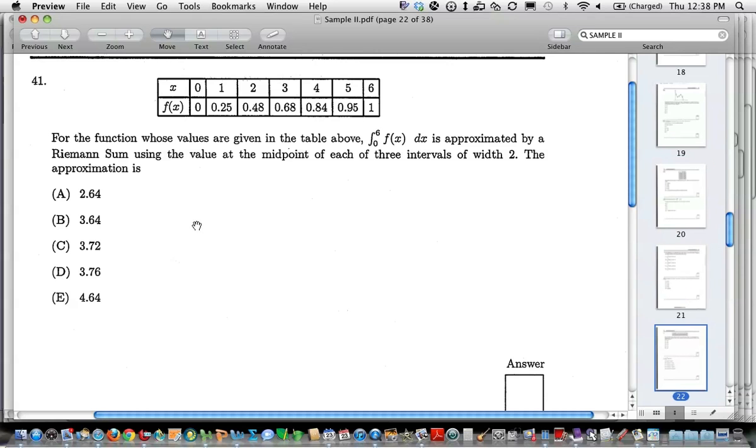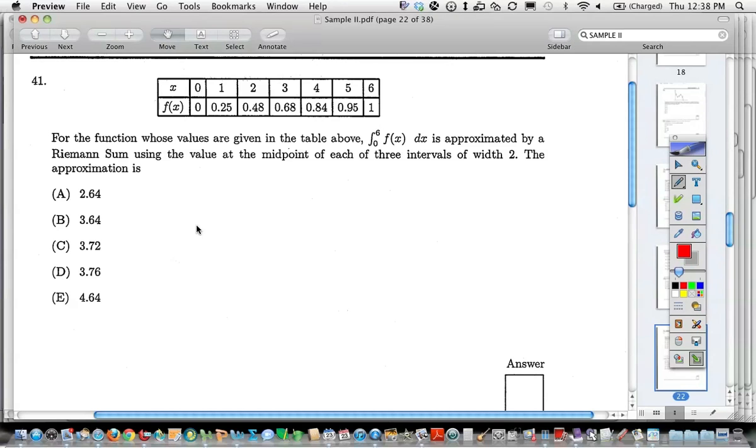go ahead and read it. Okay, so this is very much like 25 and 28, isn't it?